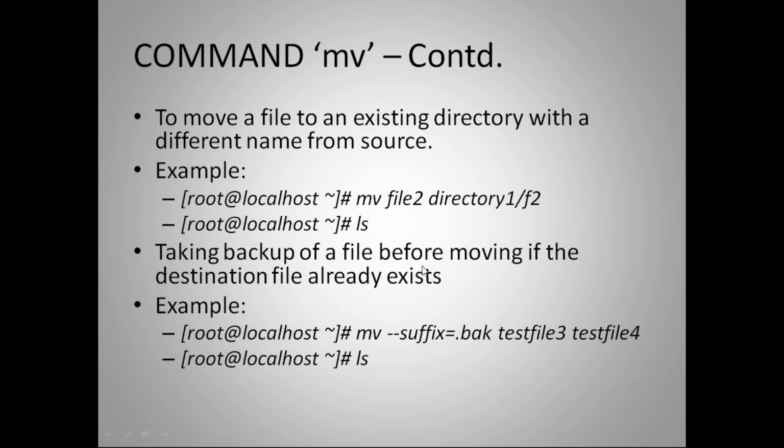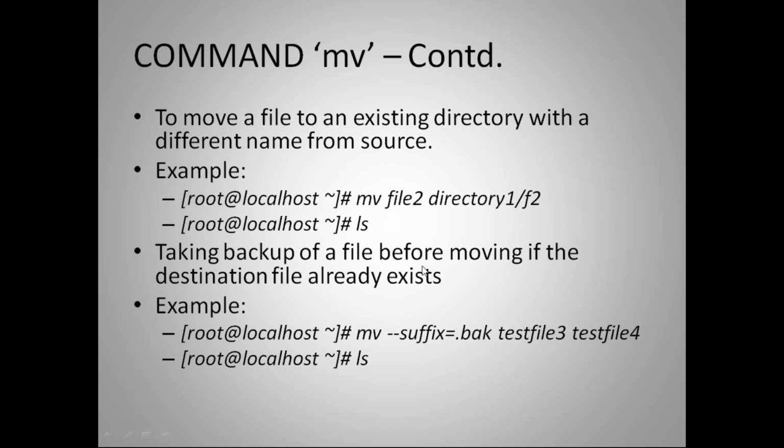In that case what happens? It will first check whether the destination file is there or not. If the destination file is not there, then it will happily move that file. But if the destination file is there, then it will ask, the destination file already exists, whether you want me to override the content or not.